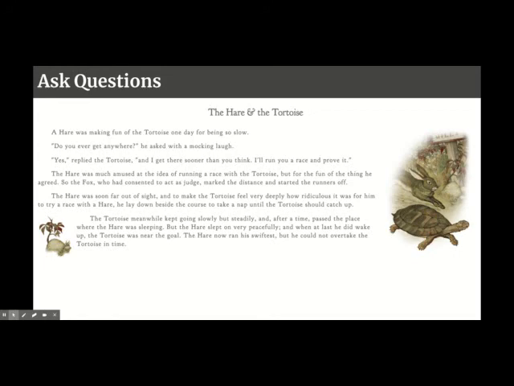Now, the next question I'm going to ask myself is, what could the rabbit learn from his actions? The race is not always to the swift, which means just because you're fast doesn't mean you're going to win the race. Or, for the turtle, slow and steady wins the race.